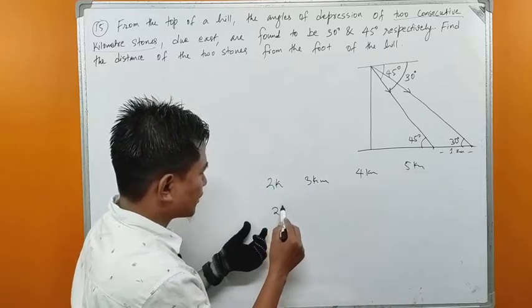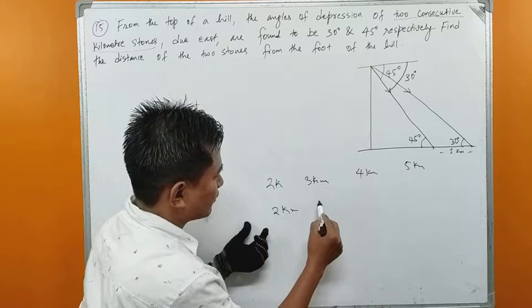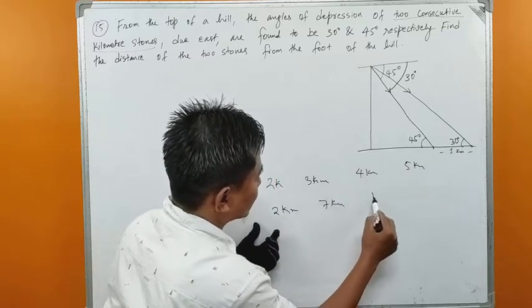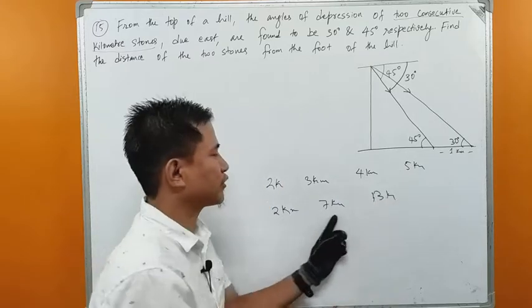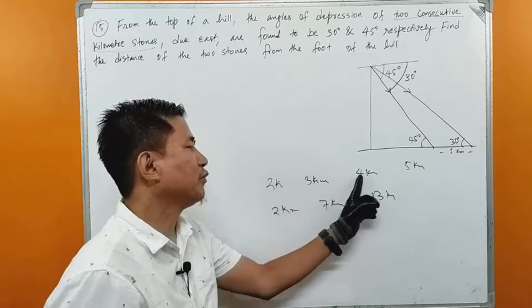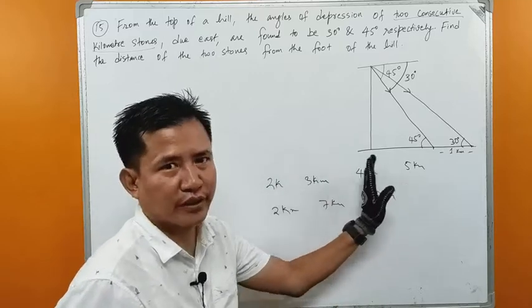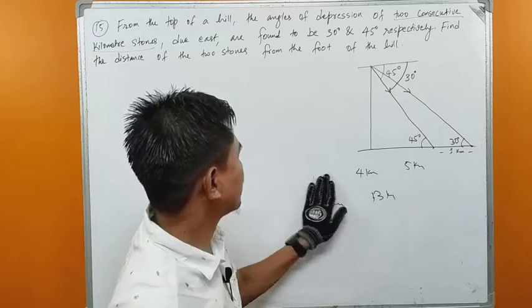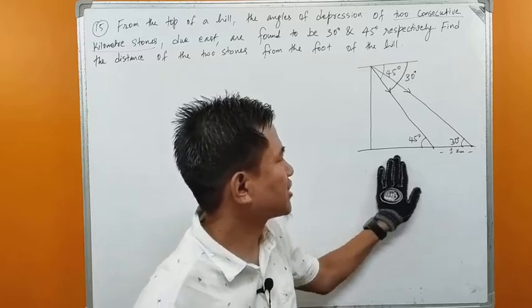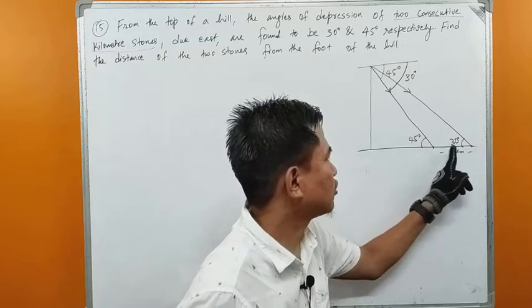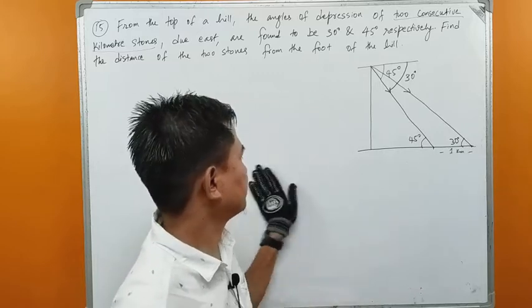It never goes like this: 2 kilometer, 7 kilometer, 13 kilometer. After each kilometer there will be a kilometer stone, isn't it? So consecutive means the distance between these two kilometer stones is 1 kilometer. I hope you got this.